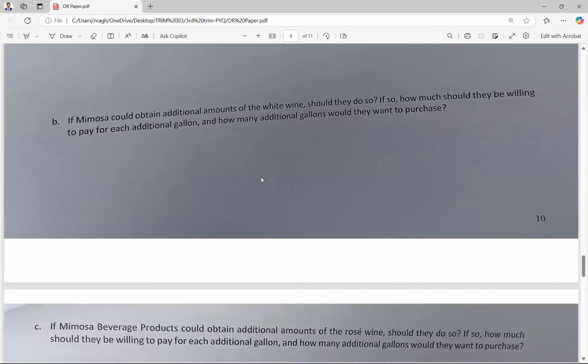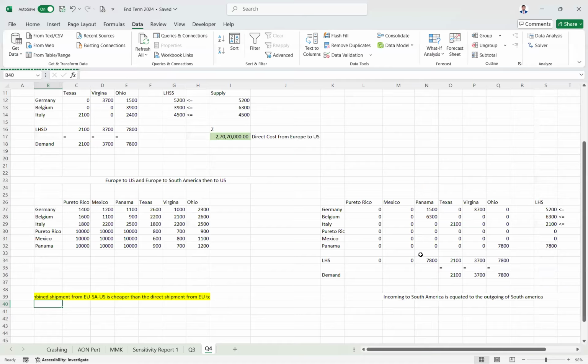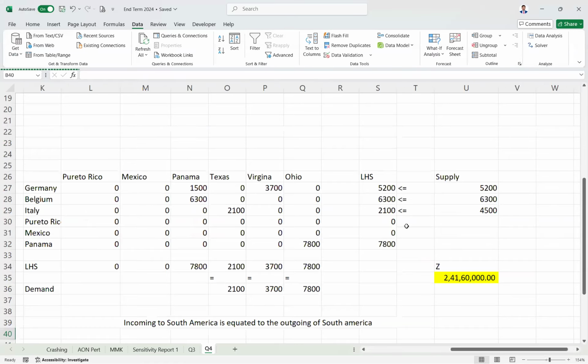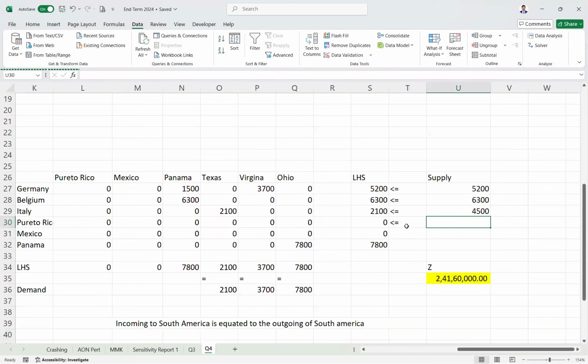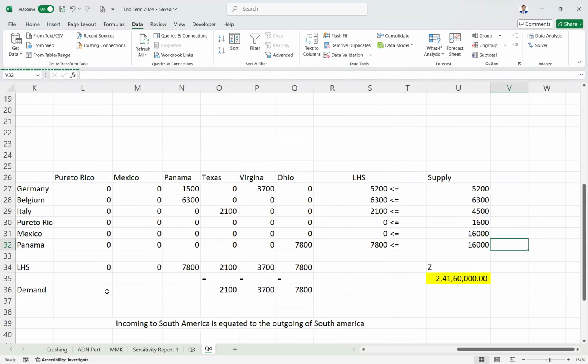Exactly, just one more doubt. If you would have added a buffer, the supply constraint for those three values would also have been less than or equal to 16,000, right? Let us see. Yeah, because I am getting another value if I maintain a buffer. What value are you getting?